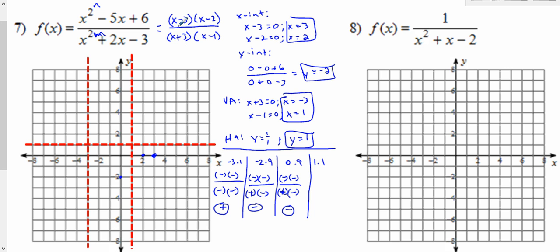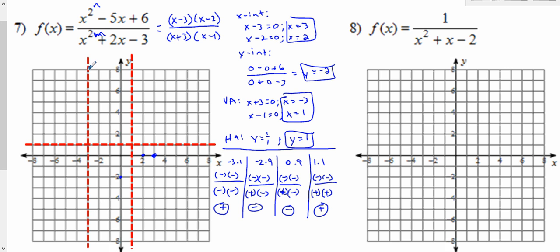And 1.1 minus 3 is negative. 1.1 minus 2 is negative. 1.1 plus 3 is positive. And 1.1 minus 1 is positive. Two negatives make a positive. So now I go graph these.